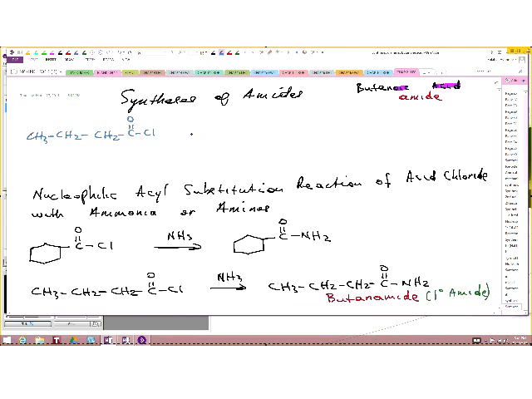To make a secondary amide, instead of using ammonia, you use a secondary amine. I'm sorry, you use a primary amine, sorry about that. A primary amine is one in which the nitrogen is attached to only one carbon atom. Use a primary amine, then you obtain this.